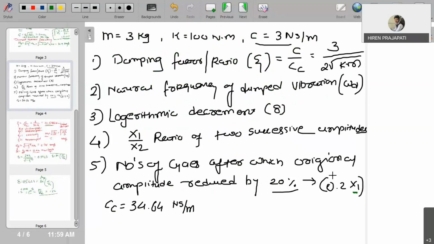Is it correct? Suppose the first amplitude was 5 mm and it reduces by 20%; to find how much it reduced we multiply 0.2 into 5, right? The same thing applies here.